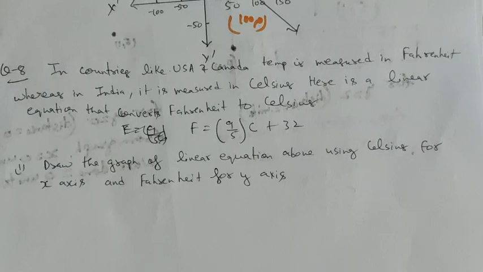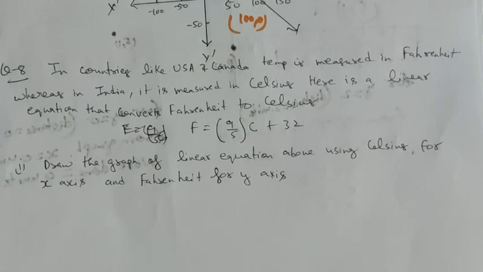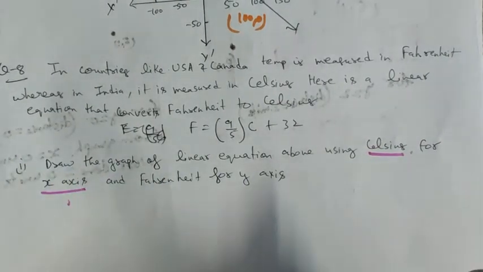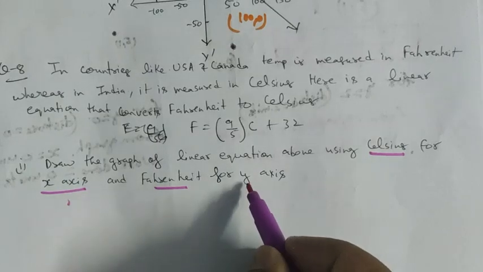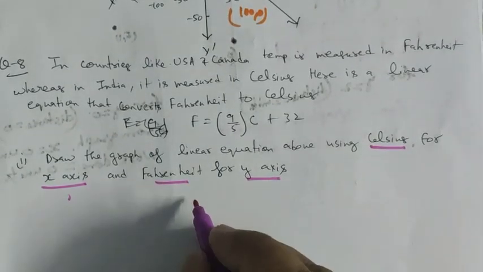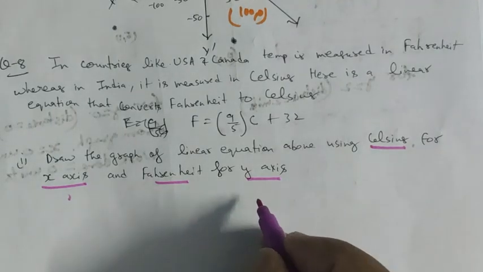We have to draw the graph for the linear equation above using Celsius. For x, Celsius we have to take on the x-axis and Fahrenheit we have to take on the y-axis. So for this, for simplification, for our ease, we will do one thing.